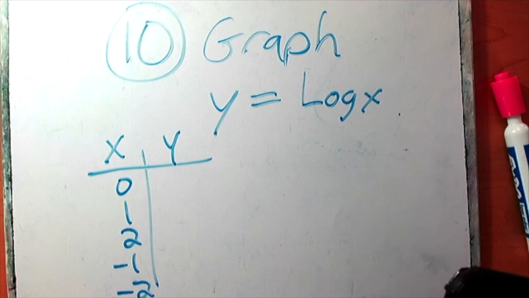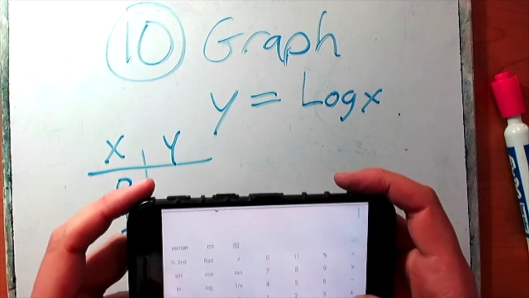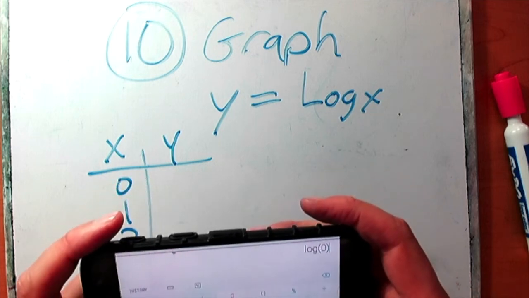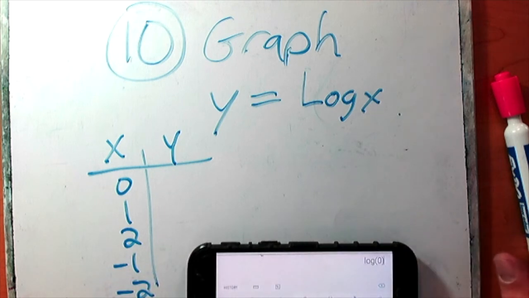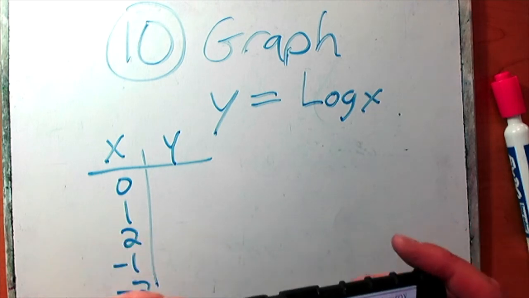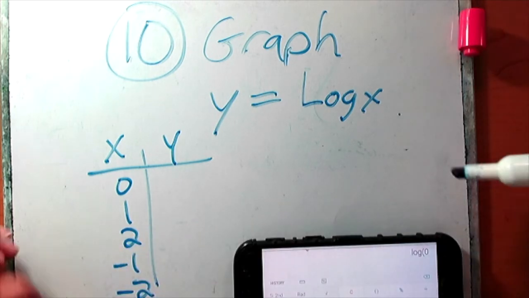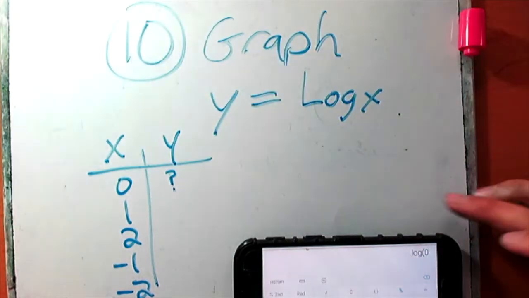So let's actually take some different numbers here. I'm going to backtrack that. I'm going to take log of 0 first. Log of 0. Oh yeah, so log of 0 isn't getting me anything, so we're going to write a little question mark there.